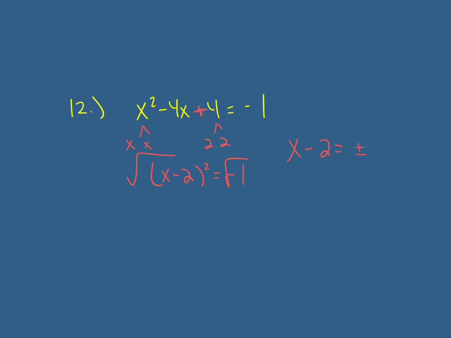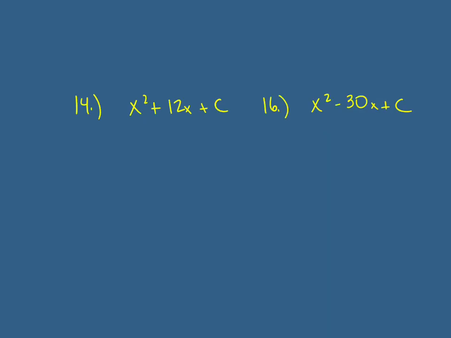Remember, negative 1 inside the radical just turns into i. So I get x equals 2 plus or minus i. So that's going to be split into 2 ways. x equals 2 plus i and x equals 2 minus i. Which is A on your choices.